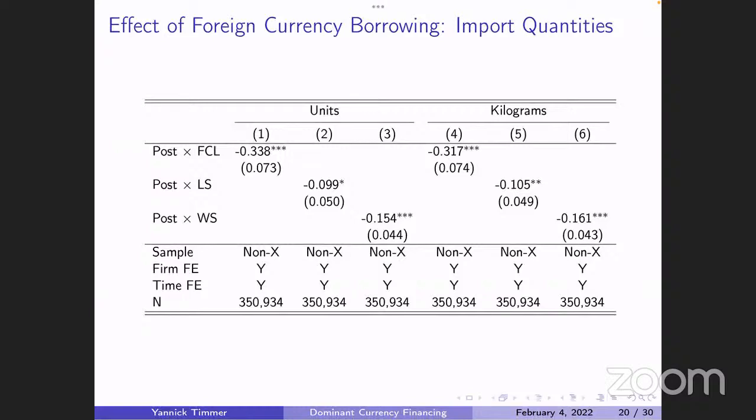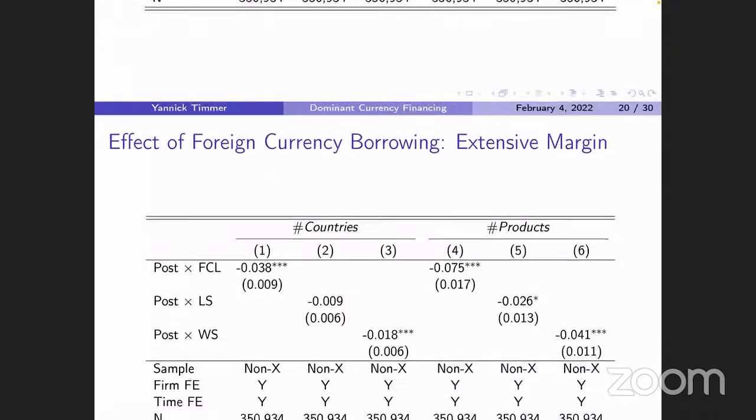One other issue we address is that so far we have mixed prices and quantities in our imports regressions. We now use the granular trade data to construct the units and the kilograms that the firms are importing, and we confirm that it is not only the case that overall the value of the imports is declining when firms borrow more in foreign currency, but also that the actual quantities are declining.